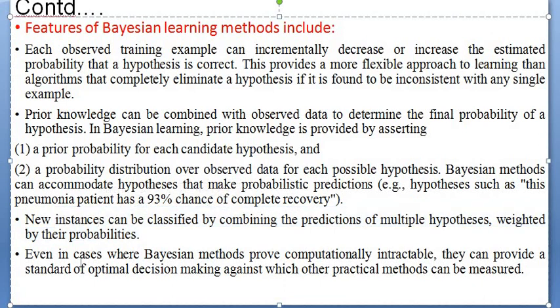Even in cases where Bayesian methods prove computationally intractable, they can provide a standard of optimal decision making against which other practical methods can be measured. So even when we can't apply Bayesian learning methods to some problems, it gives us a standard optimal solution when we compare it with the previous algorithms.